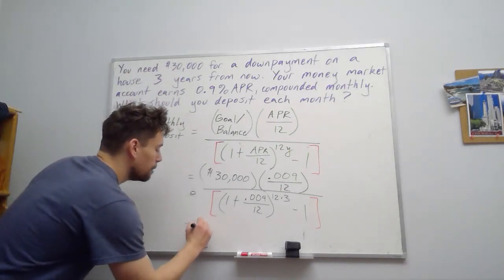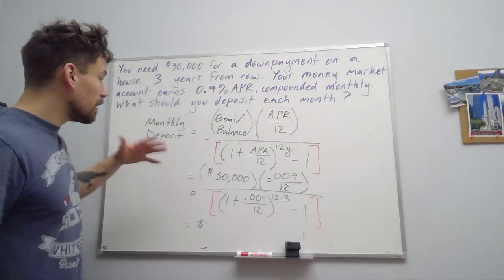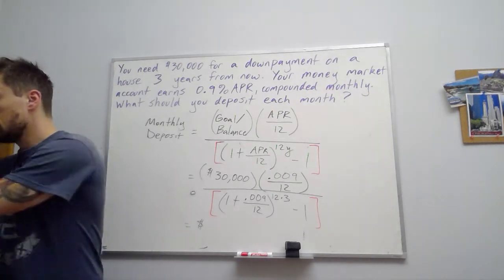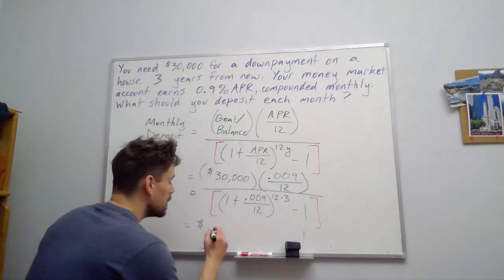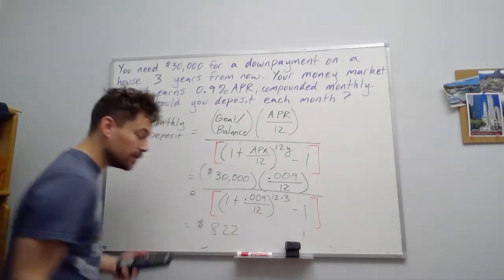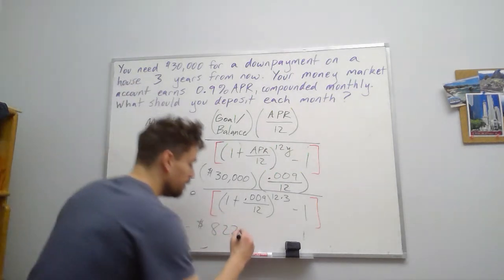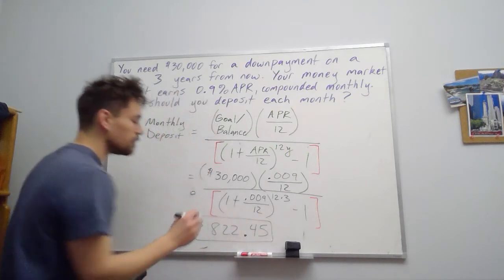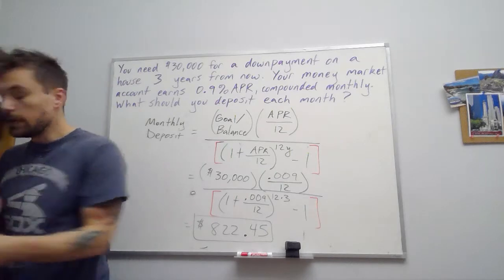Okay. If we do that, we're going to determine, okay, how much money do I need to put in every month? And in this case, if we do that, punch it in, we should get $822.45 if we round. Right, that's our specific value.